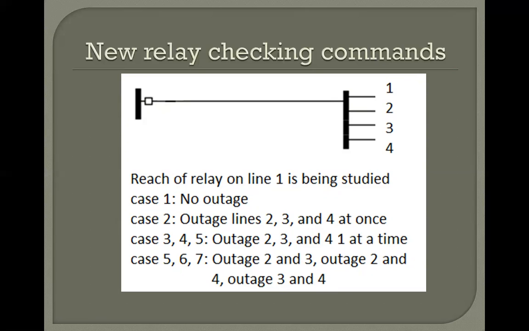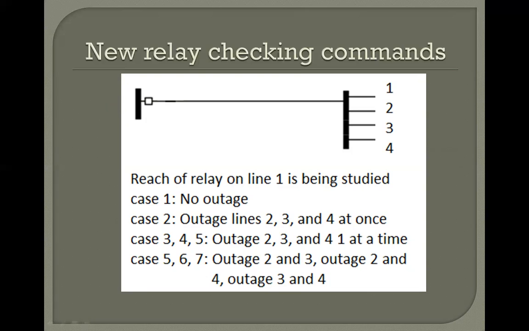It would outage all the other infeeds, meaning that in this case, it would outage lines 2, 3, and 4 simultaneously. And then it would tell me, now the zone 2 covers 60% of the line. And then in cases 3, 4, and 5, it would outage line 2, then line 3, and then line 4, and each time you look for the reach of the zone 2.